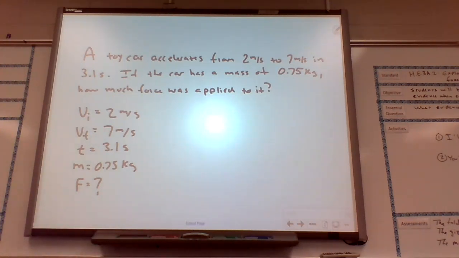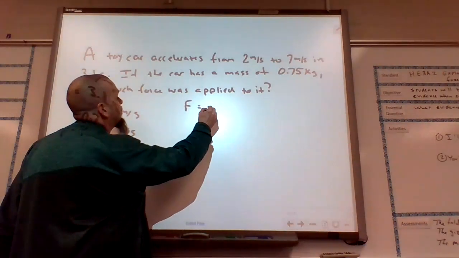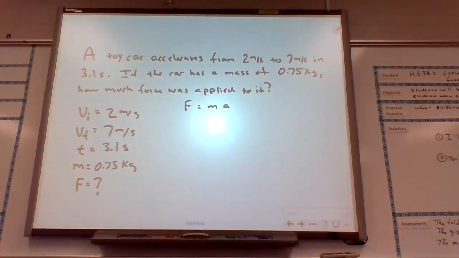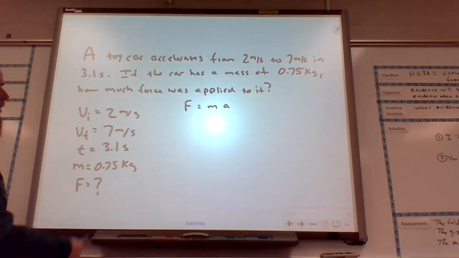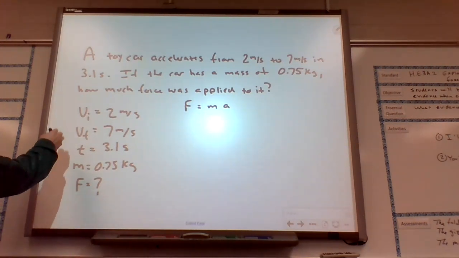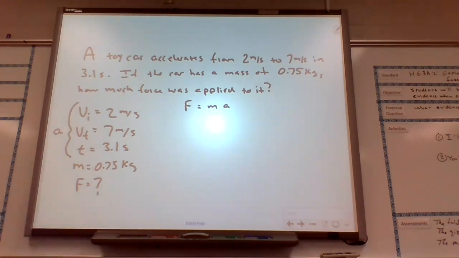So that's a long list of stuff, and I know I need to find force. And the only equation I have right now with force in it is F equals ma. So I know I'm going to need the mass of the object, which I already have, and I'm going to need the acceleration in order to calculate that force. I don't have acceleration, but I have all the information I need to get it.